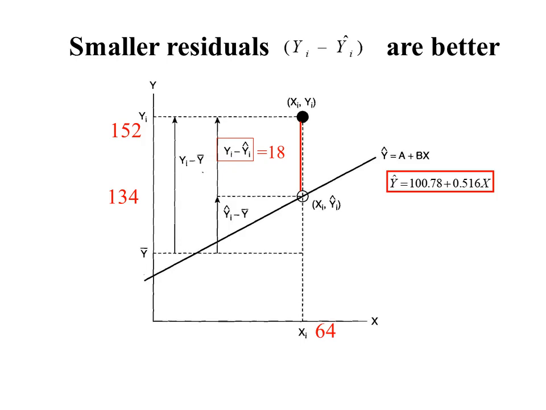The combination of 64 and 134 is represented by the white circle on the regression line. So, for this person, the observed systolic blood pressure, y sub i, is 152, and the predicted systolic blood pressure, y hat sub i, is 134. The length of the red vertical line is y sub i minus y hat sub i, which is the difference between the observed value and predicted value of systolic blood pressure for individual i.